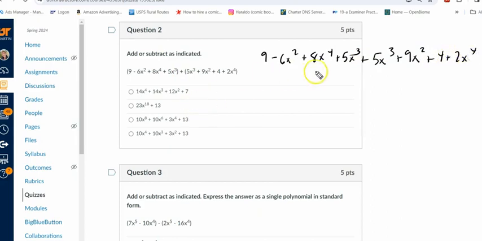Now, these are written from largest power of x to smallest power of x. So the largest power of x is x to the fourth. So let's gather up all the x to the fourth terms. So 8x to the fourth plus 2x to the fourth is going to be 10x to the fourth.